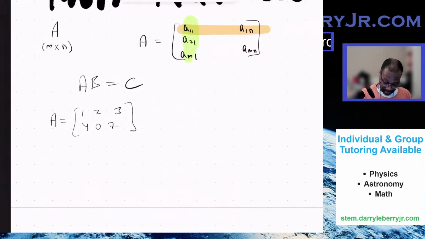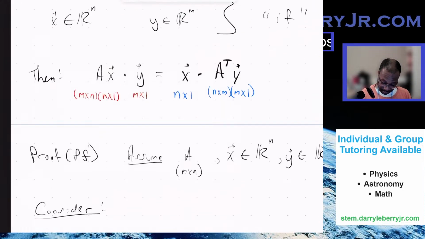And let's say B equals 1, 2, 0, 1, 1, 5, right?